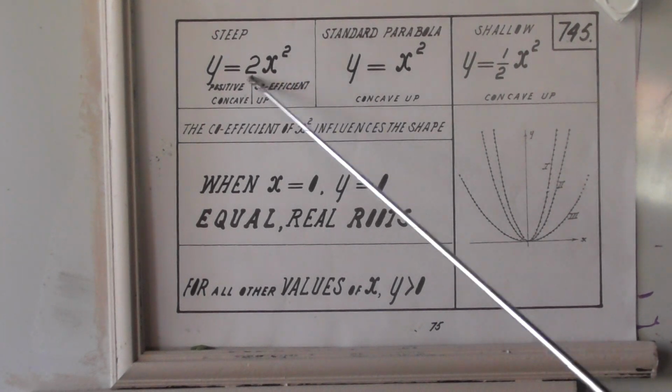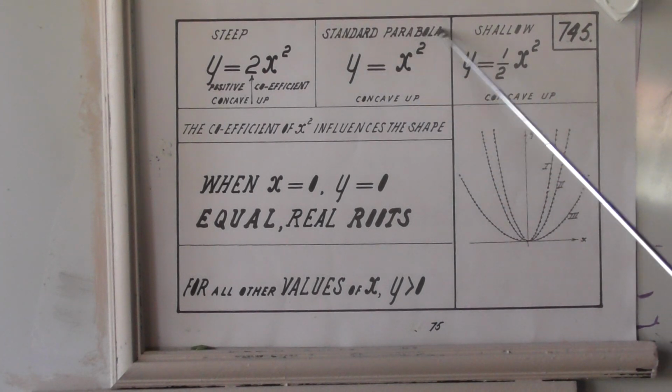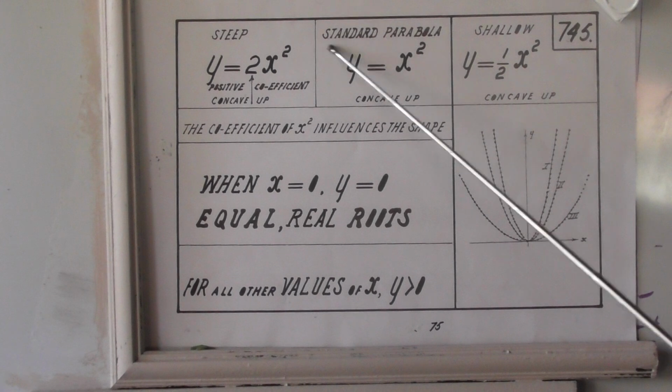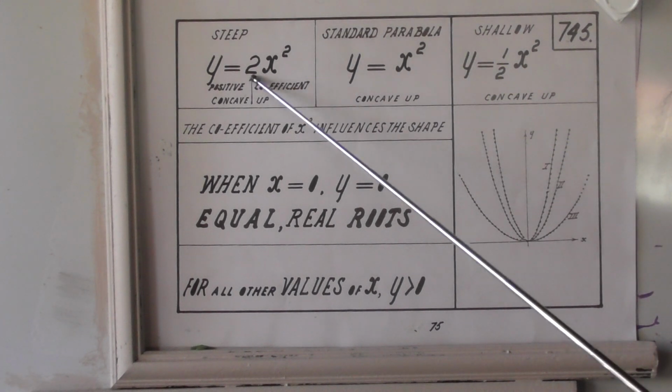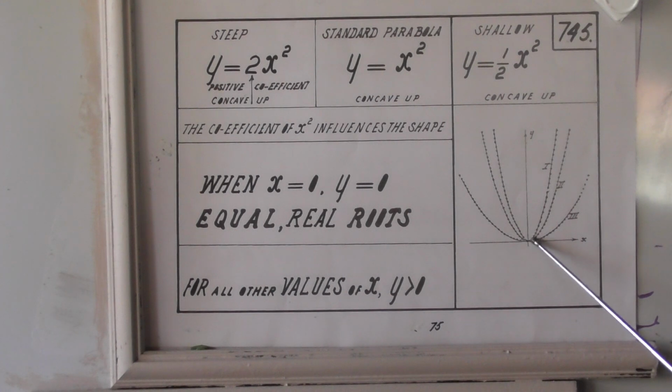If x is 1, y is 2. This is called the standard parabola. I was talking about this. If x is 1, y is already 2.